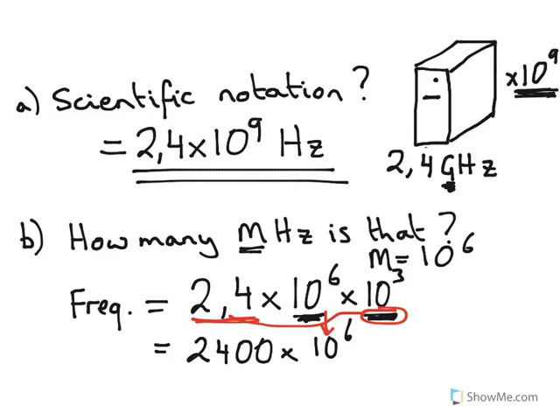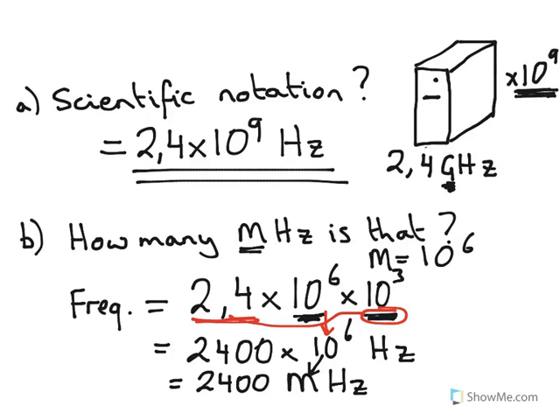But we know that 10 to the 6 means the sign mega, so this would be what it would be as hertz: 2,400 times 10 to the 6, which is equivalent to 2,400 megahertz, because the 10 to the 6 is the same as the prefix mega.